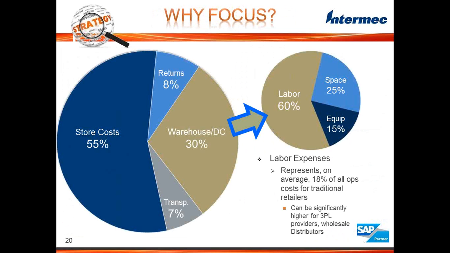So that represents 18% of all operating costs for a traditional retailer tied up in DC labor. And that can be significantly higher for some of the other target market segments like 3PL or wholesale distributors. So the reason there's such a focus is because if 18% of my total cost is tied up in the DC, whatever efficiencies through productivity, accuracy, and cost decrease I can put through the DC will certainly affect my bottom line overall.